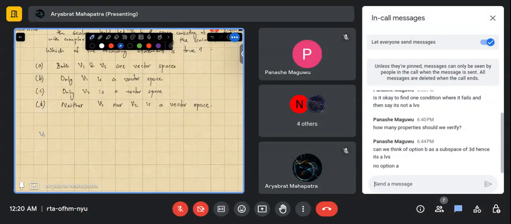You can write V1 is a set of 2 by 2 matrices whose entries are in C.